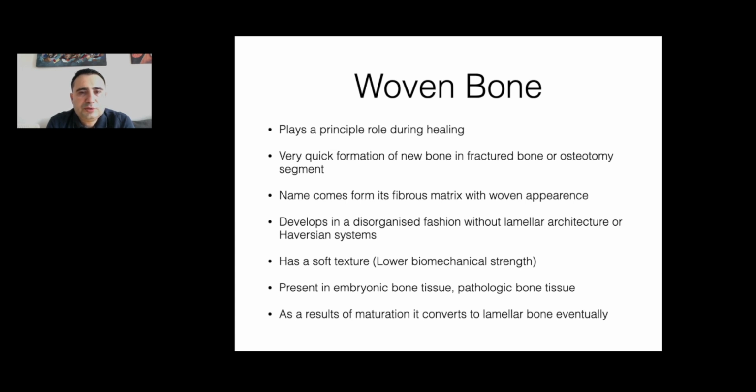It develops in a disorganized fashion without lamellar architecture or Haversian system. The organization of this type of bone is not very organized. It is very heterogenic. It has a soft texture because of lower biomechanical strength, and it is present in embryonic bone tissue and pathologic bone tissue. As I mentioned, as a result of the maturation phase, it converts to lamellar bone eventually.